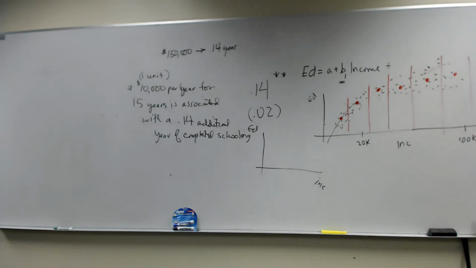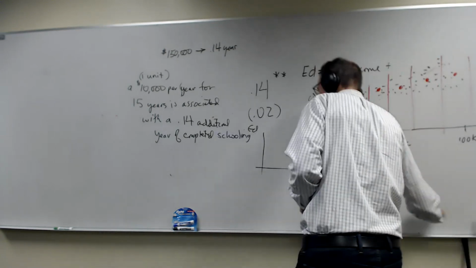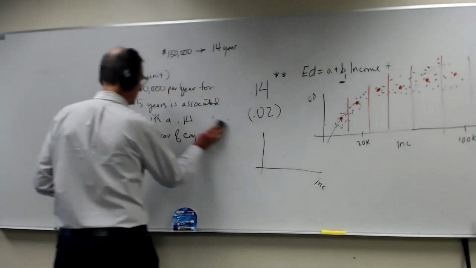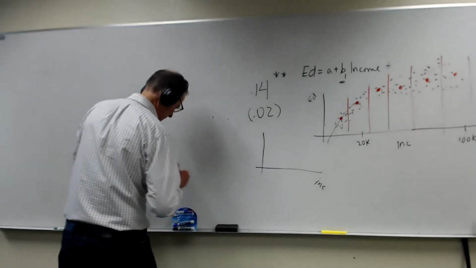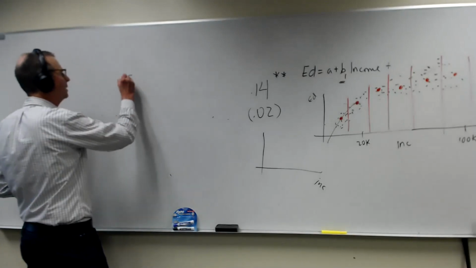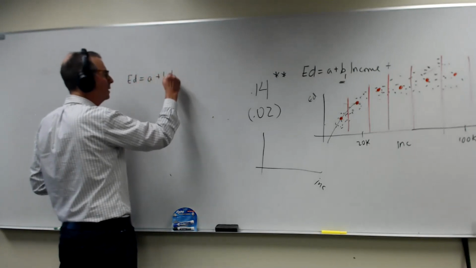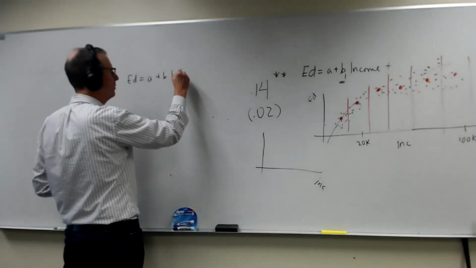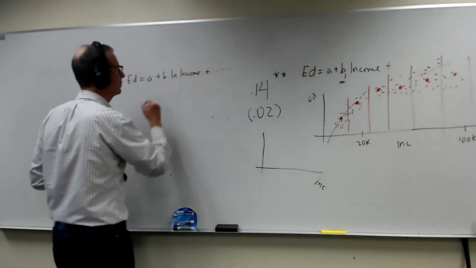One of the things that we did in the paper is fit an equation, education equals A plus B1 times the natural logarithm of income, plus a bunch of controls.